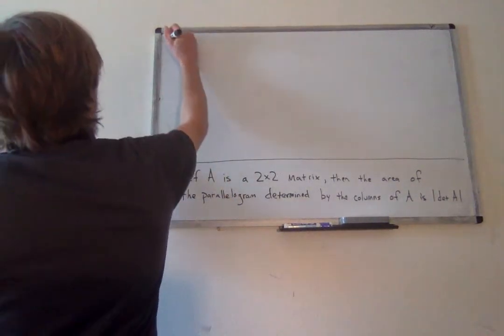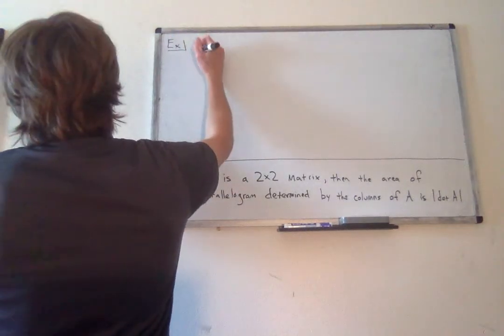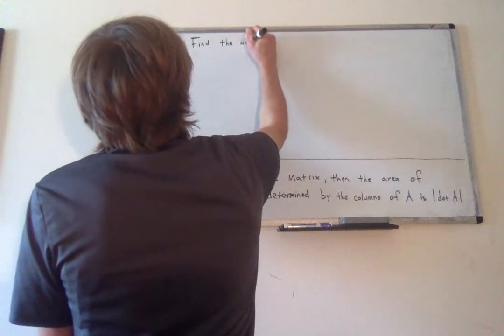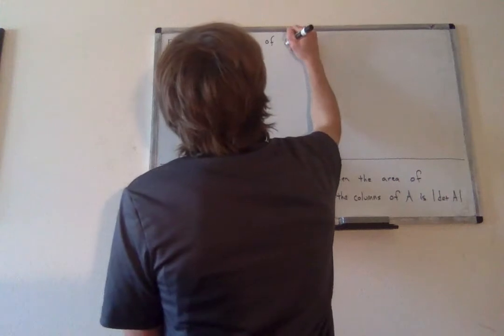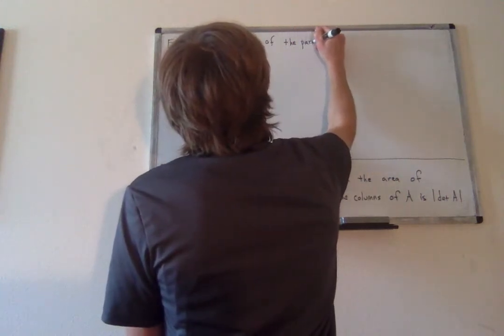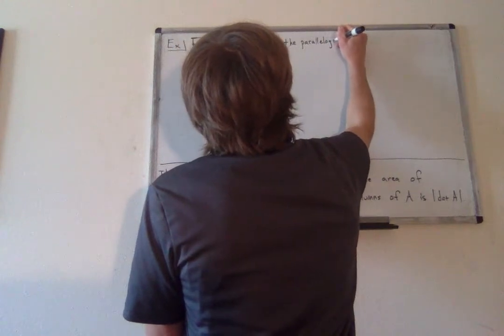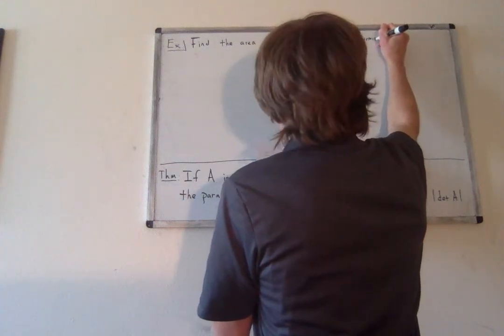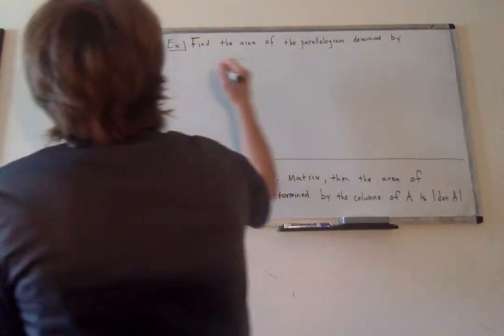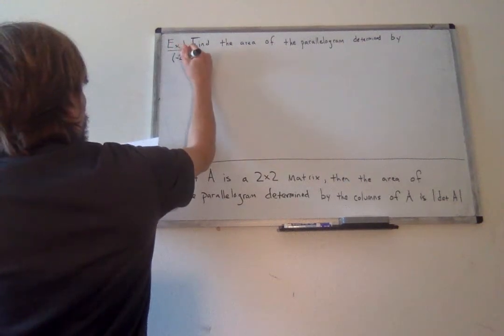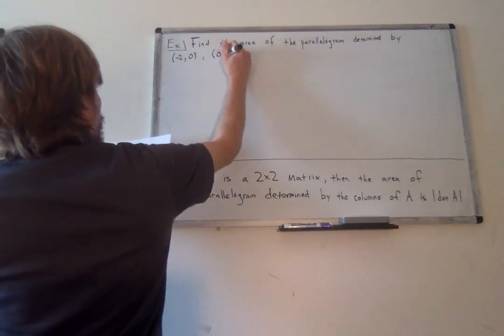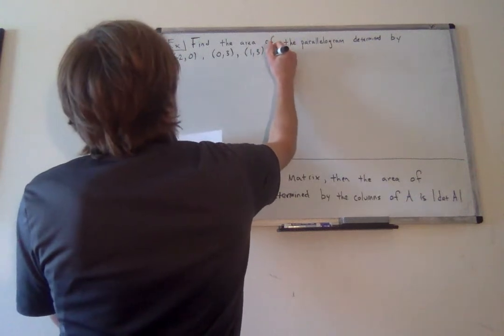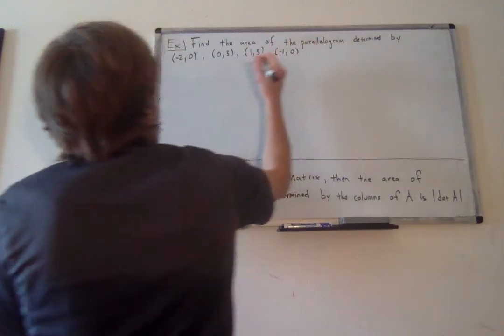So as an example of this, we can find the area of the parallelogram determined by the following four vertices: (-2, 0), (0, 3), (1, 3), and (-1, 0).